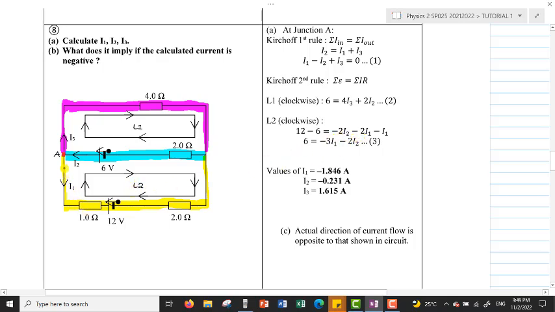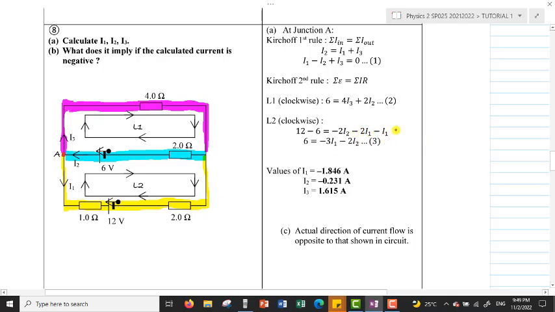For I1, if we compare I1 with the direction of the loop, we find out that the direction is opposite, so I1 should be negative. If we compare the direction of I2 with the loop, it is also opposite, so I2 also should be negative. This I2 is passing through the 2 ohm resistor, so we have negative 2I2. And I1 is passing through the 1 ohm resistor and also the 2 ohm resistor, so we have negative 2I1 minus I1.